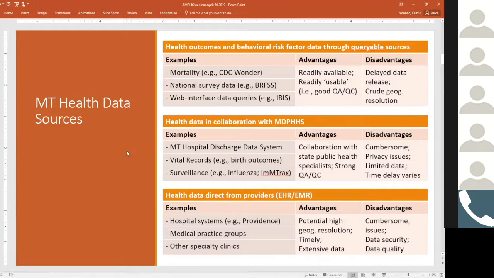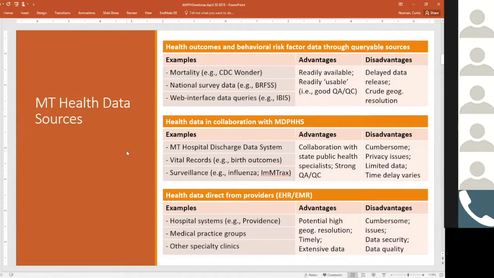Some of the disadvantages might be that some of the data can be cumbersome to use. There are concerns of privacy, which our group has been working through, but that can impact your ability to link data or to get really highly geospatially resolved data.